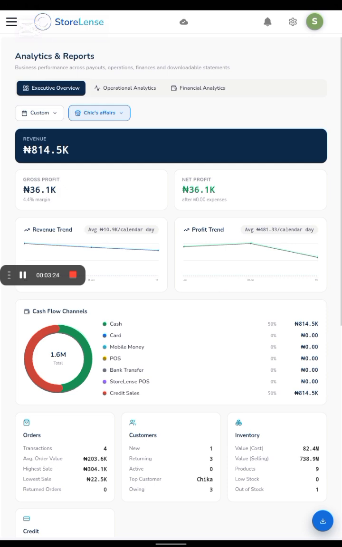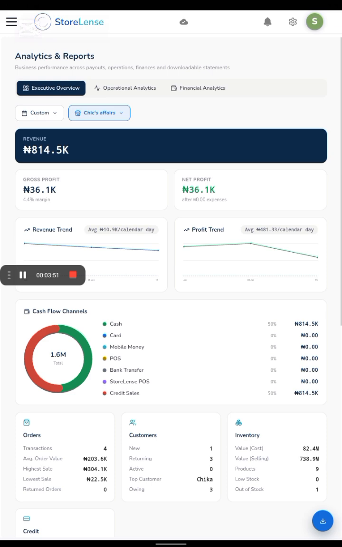We have our gross profit as 36.1k and net profit 36.1k. The net profit is after expenses. As you can see, zero expenses was registered. So the gross profit is together with the expenses, and the net profit is after expenses.